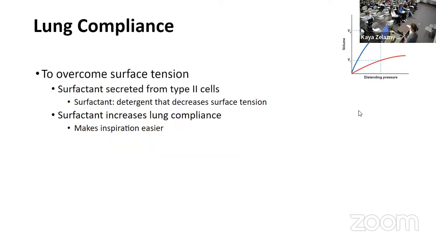Right. So to overcome the surface tension from the water molecules that you find in your alveoli, we also have this substance, surfactant. When we talked about the alveolar cells, we saw that our type 1 alveolar cells were forming the lining of the alveoli. They were basically epithelial cells, cells that form a lining. That was one of our barriers for diffusion of gases across alveolar walls, right?